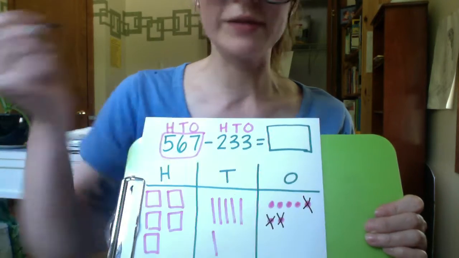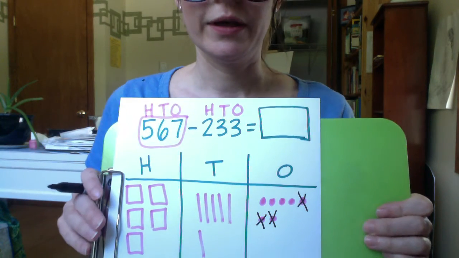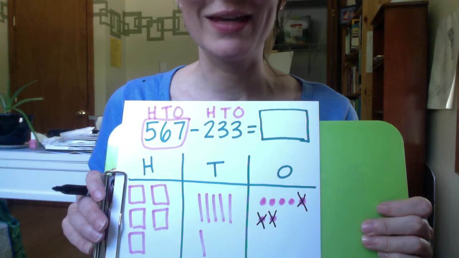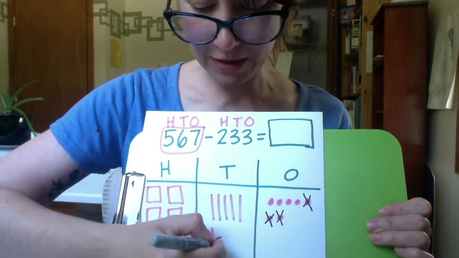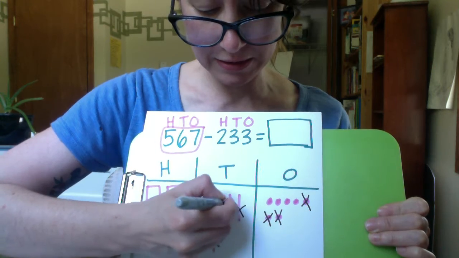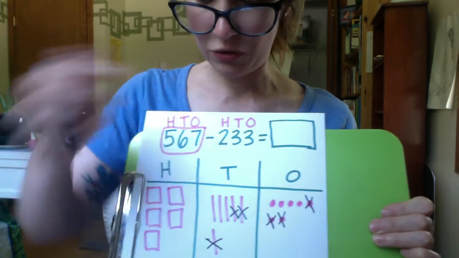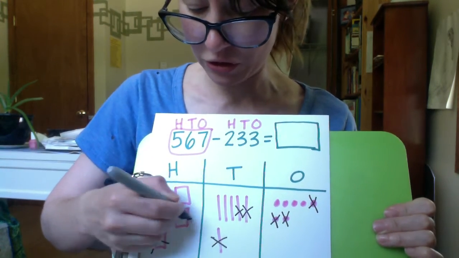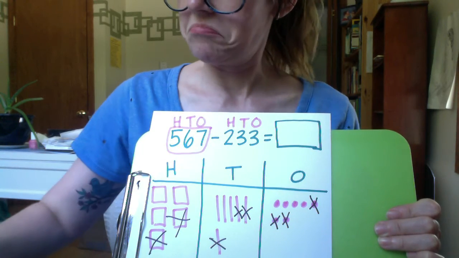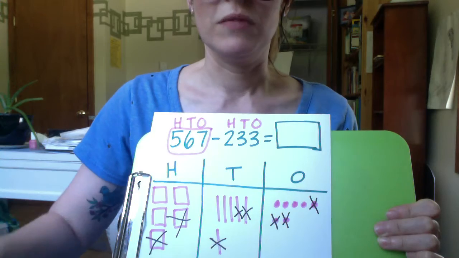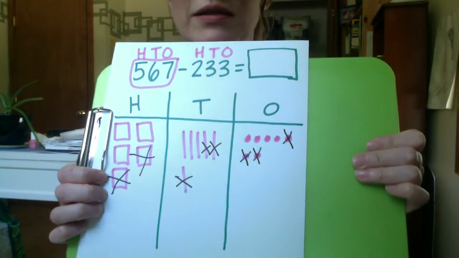I like to put a little X on them so that I know exactly how many I took away and it's easy for me to check my work. 3 tens, I'm going to take away 3 tens. And 2 hundreds, I'm going to take away 2 hundreds.